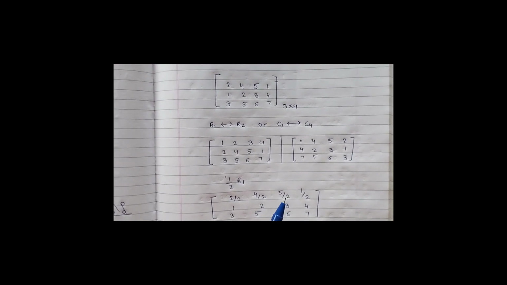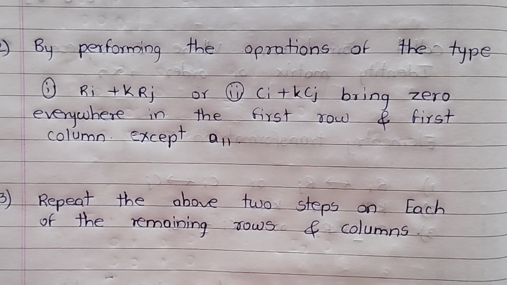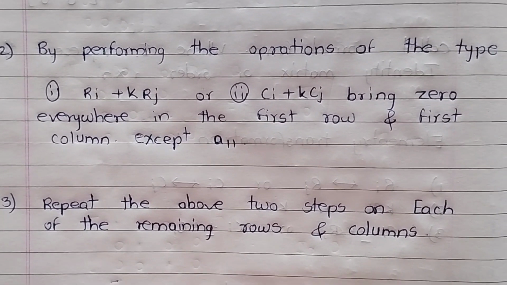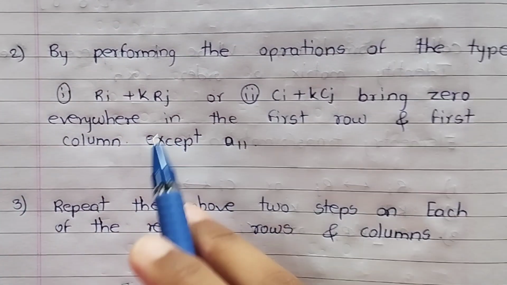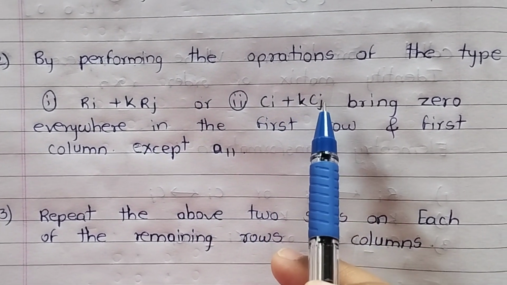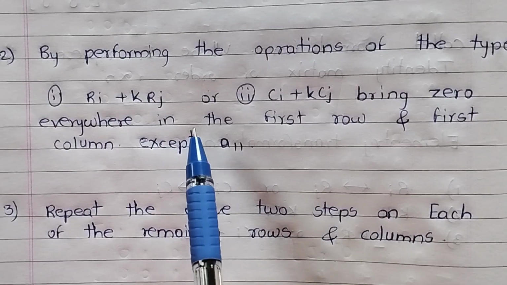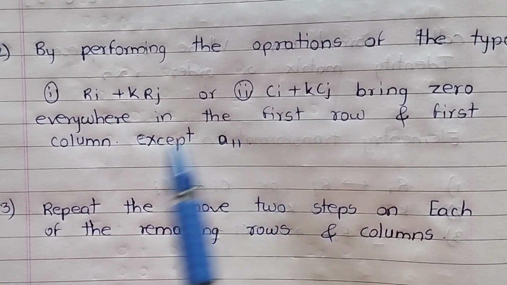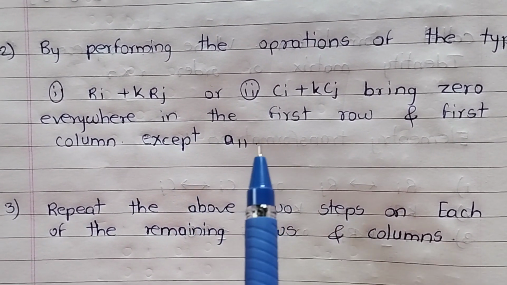a11 into 1. Now the second rule: by performing an operation of the type R_i plus k R_j or C_i plus k C_j, bring 0 everywhere in the first row and first column except a11.